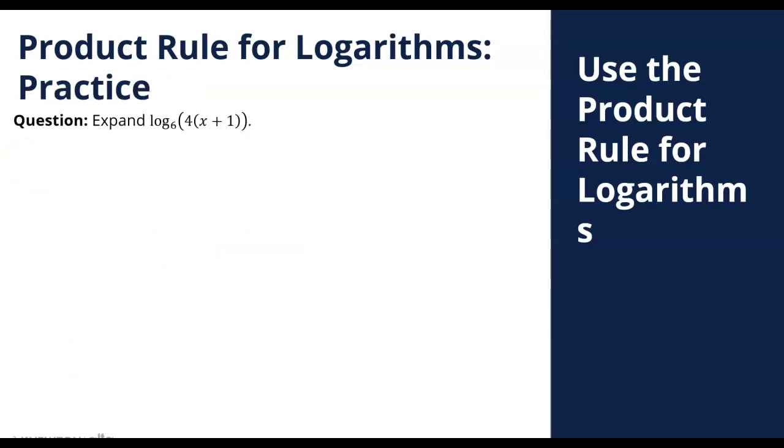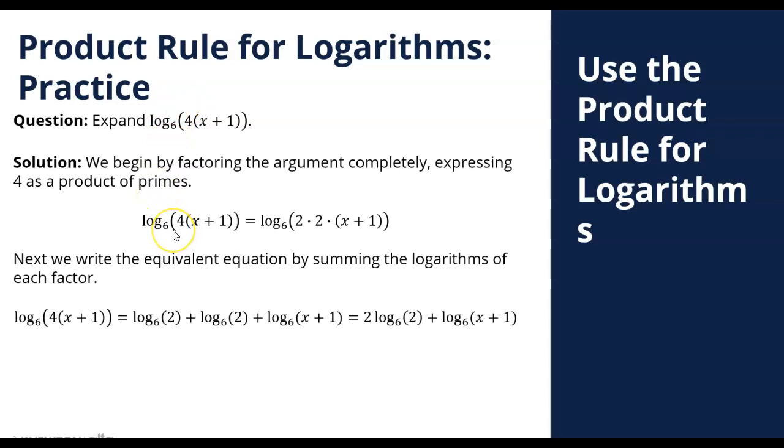Now let us apply the product rule for logarithms to expand the expression here, log of 4 times x plus 1 base 6. To solve this, we begin by factoring this expression completely. So we would write 4 as a product of primes. We know that 4 is equal to 2 times 2.